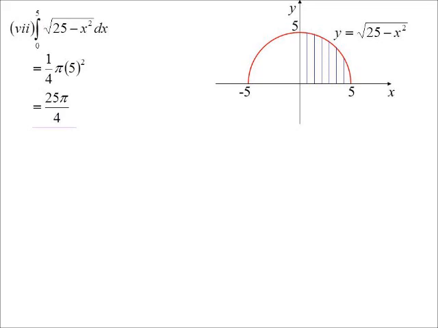Quarter pi r squared, 25 pi on 4. Thank you. That is how I should be doing it, not via this stupid substitution that they've asked me to use. So hopefully it's a question where they don't ask you to use a substitution and you notice it. Remember, if it's a shape you recognise, use the formula you already know. It's going to be quicker than integrating.